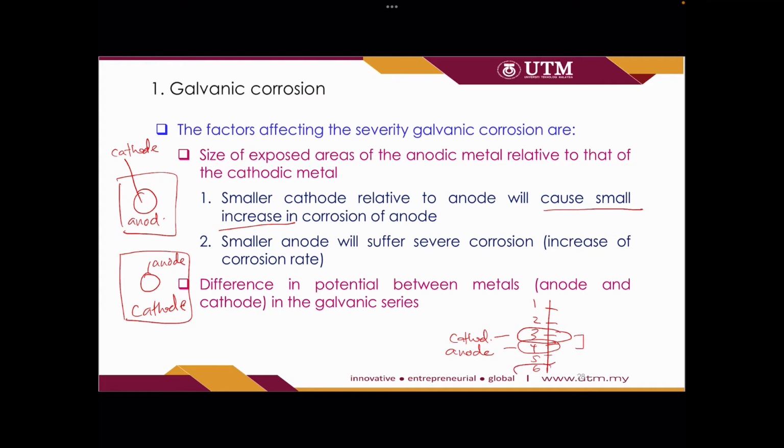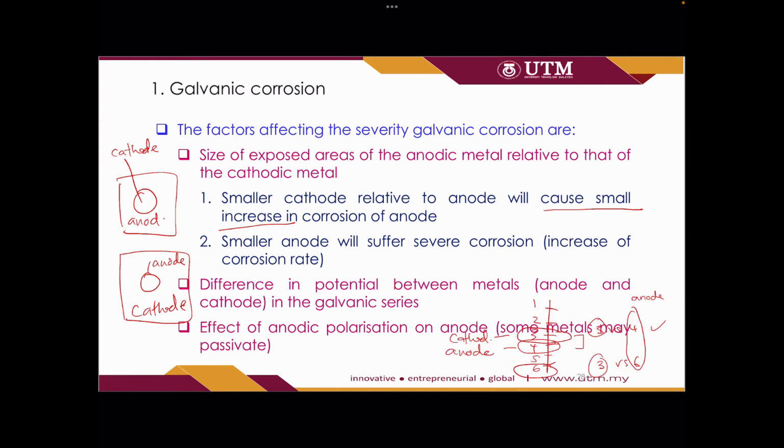You cannot choose number 6. 3 versus 4 is better compared to 3 versus 6, where this is the anode material. If your cathode material is 3 in the galvanic series, you are required to choose material number 4, which is a smaller gap, a smaller difference in potential between the anode and the cathode in the galvanic series.